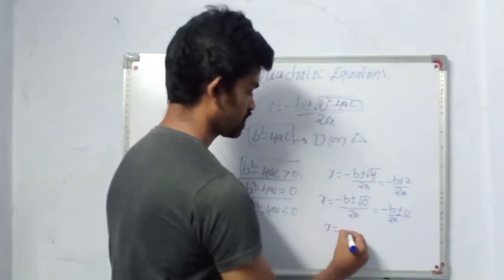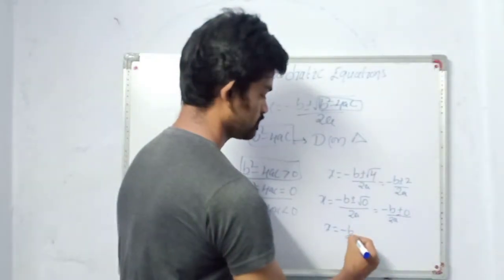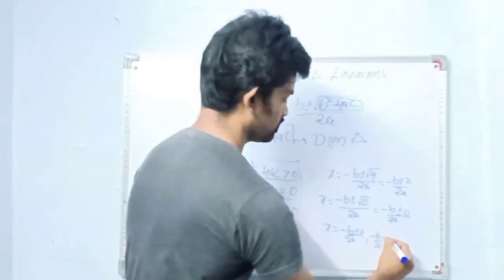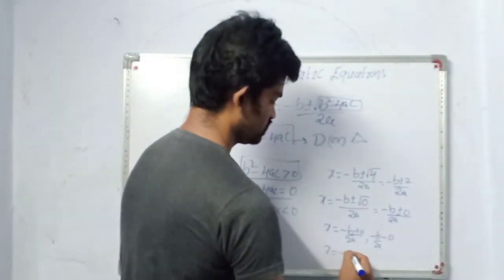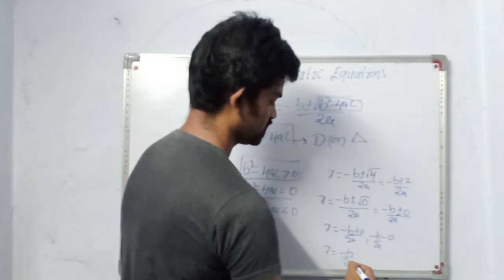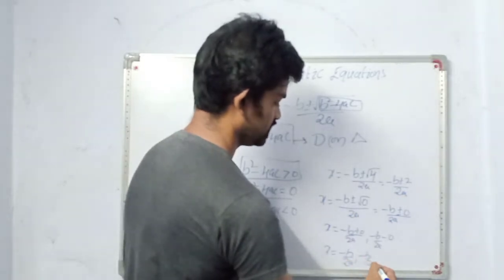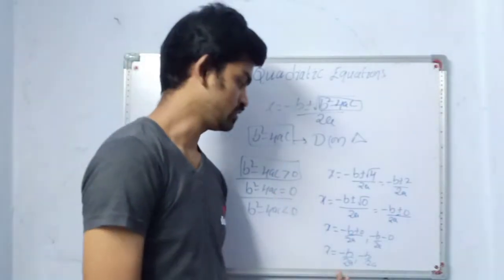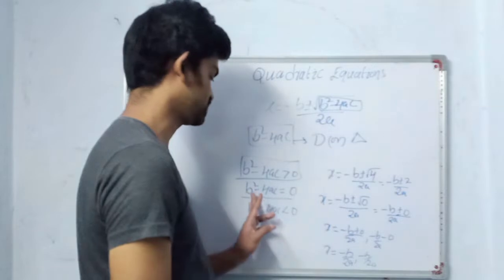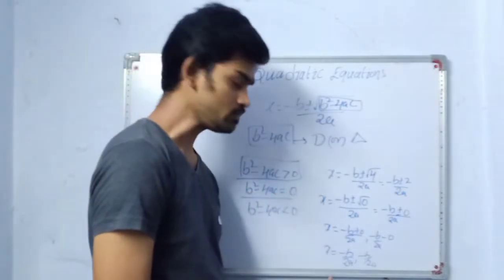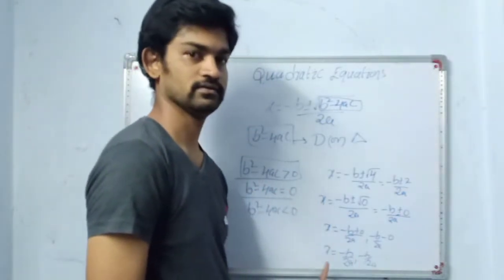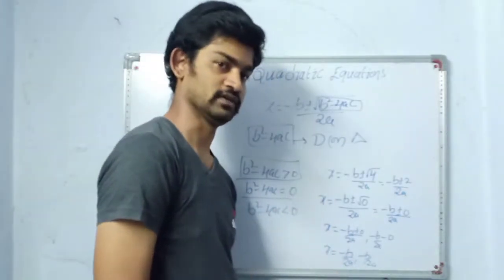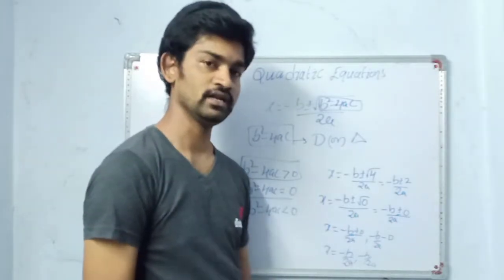The roots are minus b by 2a plus 0 and minus b by 2a minus 0. What are the roots I am getting? Minus b by 2a, minus b by 2a. Both are equal. So when b square minus 4ac equals 0, the quadratic equation will have equal roots.